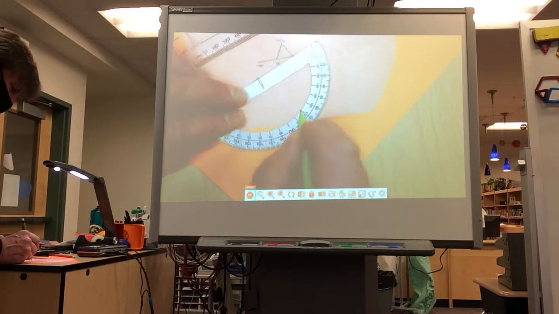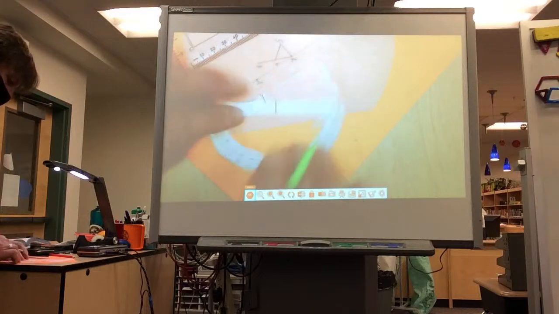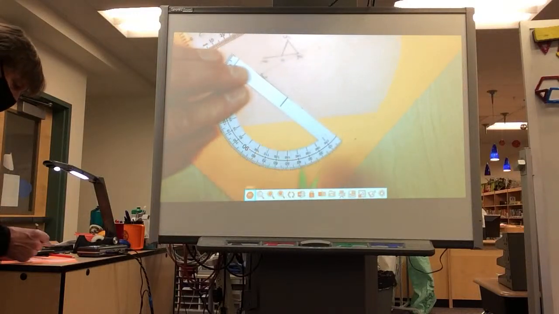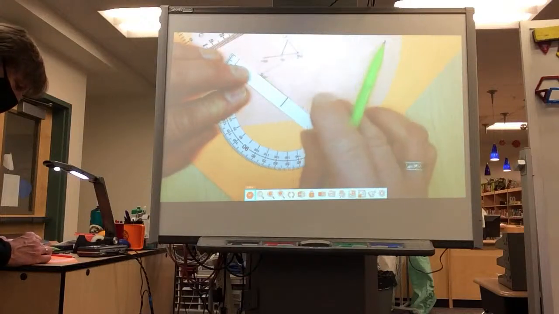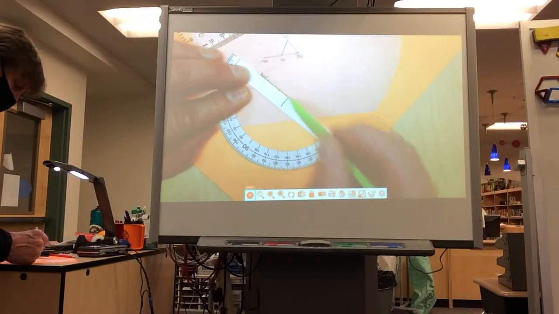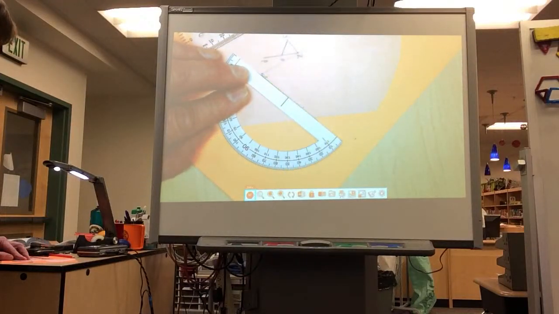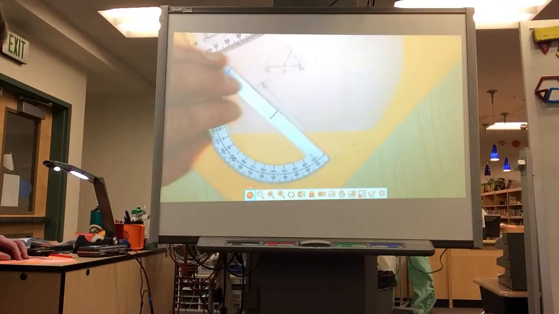How do we use this thing again? Here it is. Is the 70-degree line supposed to intersect with point R?